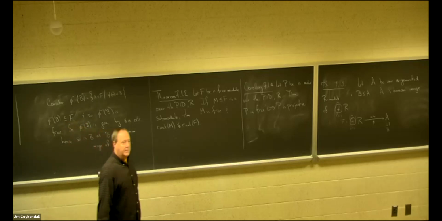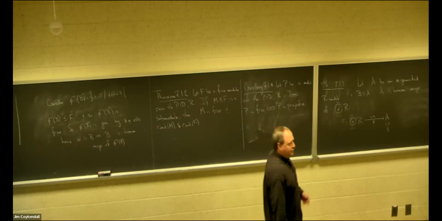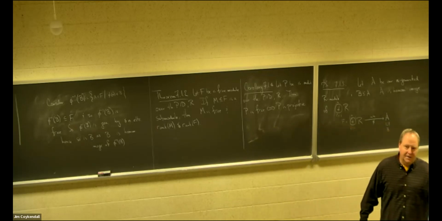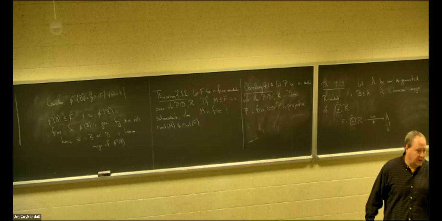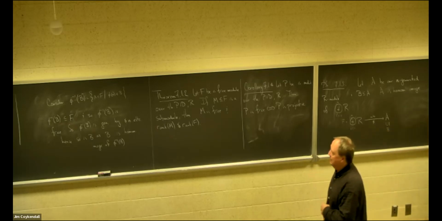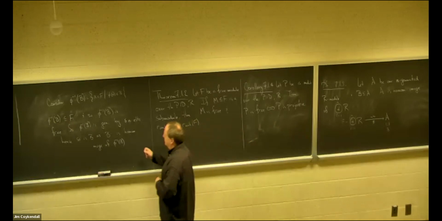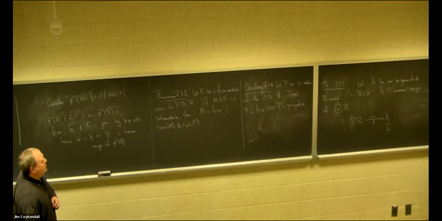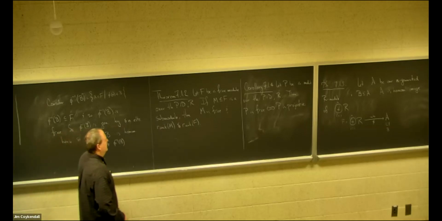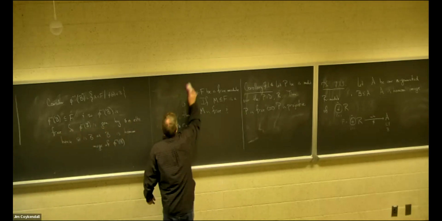Any homomorphic image of any module is generated by the cosets that correspond to the generating set, and some of those cosets may collapse to the same thing, so we get the inequality we want. Everybody okay? Now, how about 714? Let's take a quick glance at that.